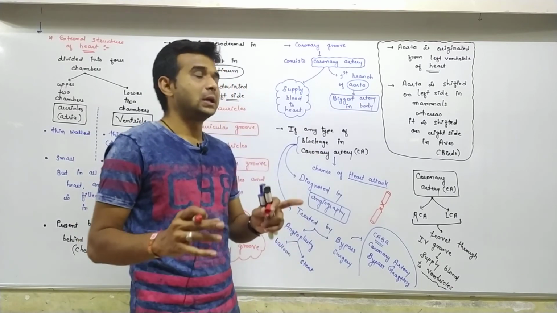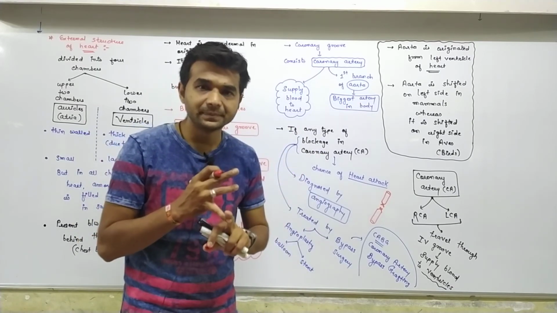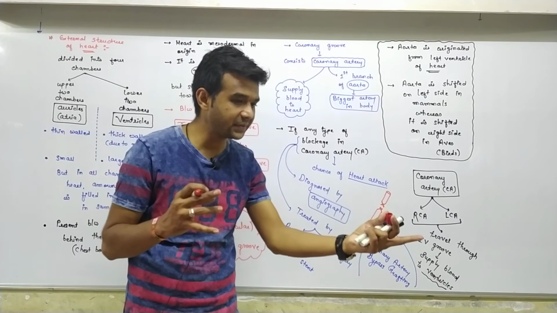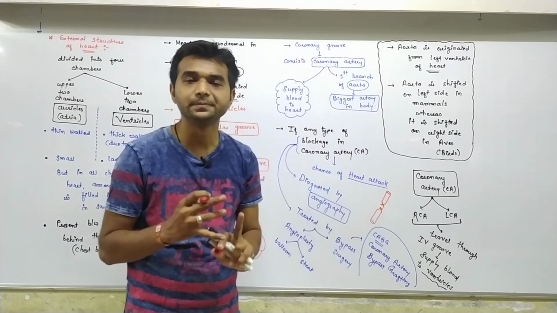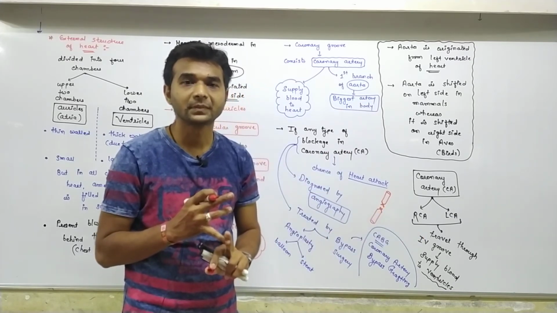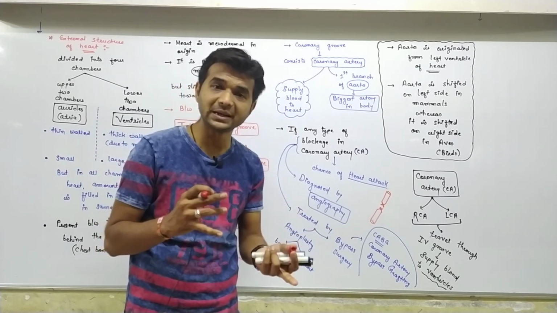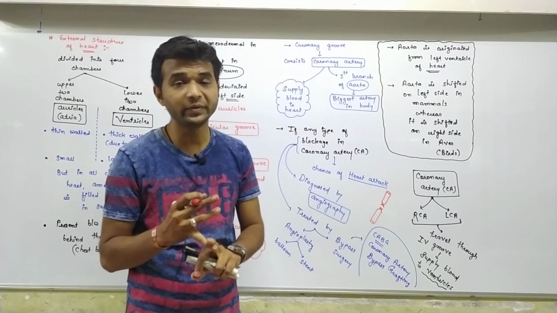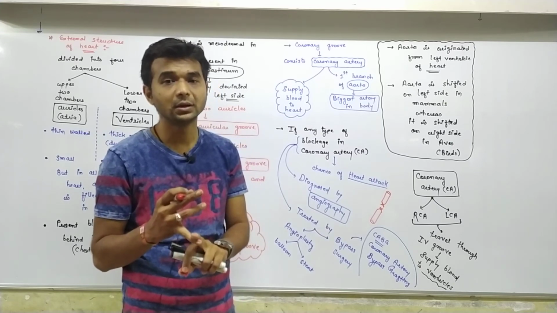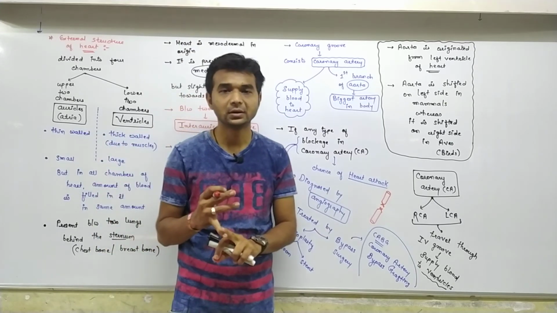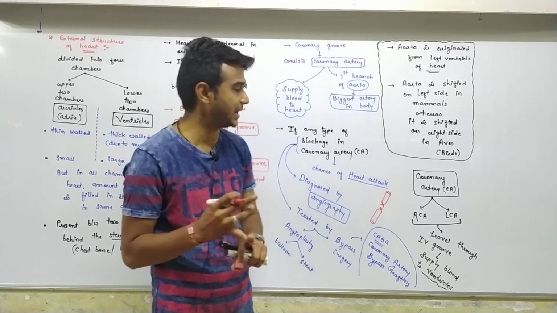Think about it. If the diameter is less, then less blood flows, but with high pressure. If the diameter is large, much more blood passes, but with low pressure.